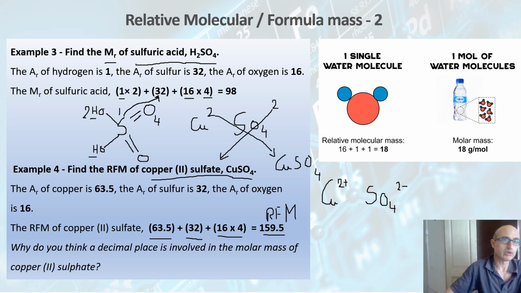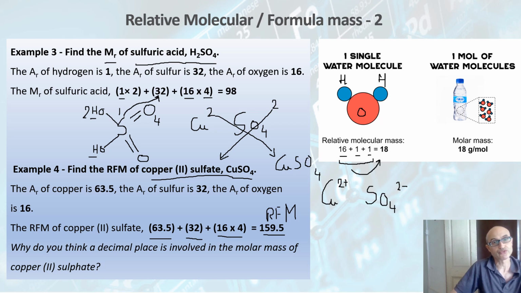A single water molecule consists of two atoms of hydrogen and an oxygen atom. The oxygen atom has a relative atomic mass of 16, and the hydrogen has a relative atomic mass of 1, but I've got 2 hydrogens, so I have to put it down twice. All in all, the relative molecular mass of a molecule of water will add up to be 18.